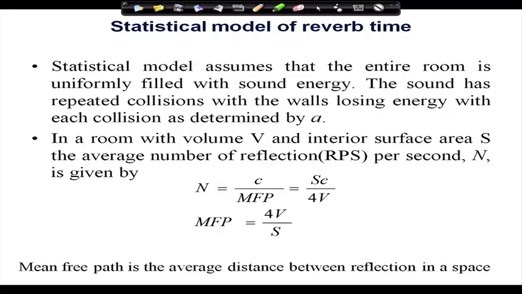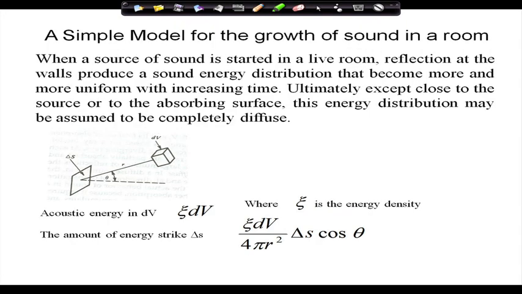Forget about the mean free path and this n, I will come to it later on. So, how does the sound grow? A simple model for growth of sound in a room. Let us derive the mathematics of how the sound grows in that room. Now, let us consider an area which is called del S. When a source of sound is started in a live room, reflection at the wall produces a sound energy distribution that becomes more and more uniform with increasing time.